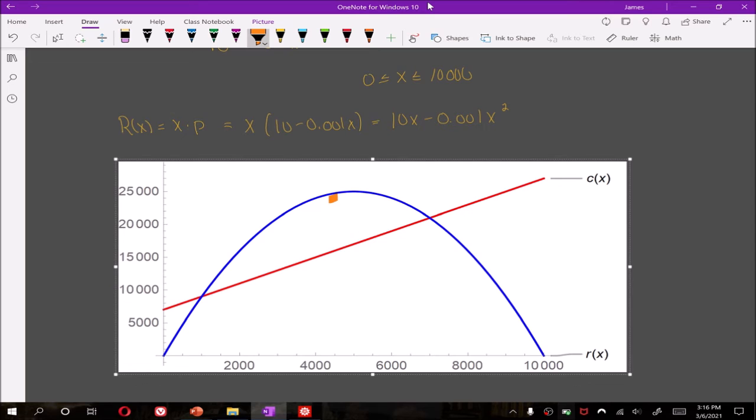So this little bit in here, like that we see right here, this is, of course, the revenue minus the cost. So what this does is this is representing profit.